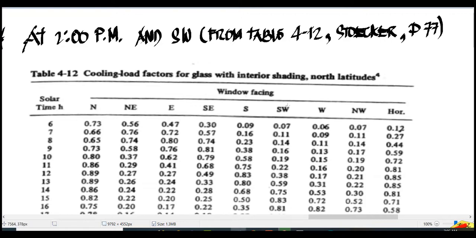Here is your southwest, then 6, 7, 8, 9, 10, 11, 12. We start here at 1 o'clock, and this is 2 o'clock. At the intersection, we have 0.75, so the cooling load factor is 0.75.